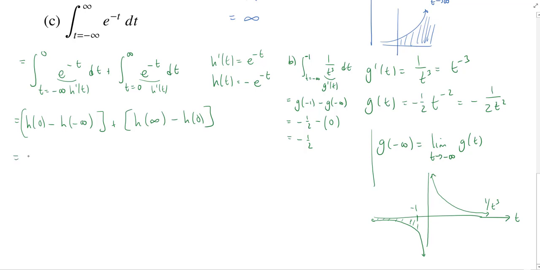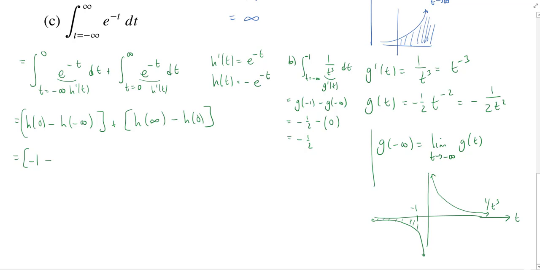All right, let's compare what's going on. So in the first one, we have h of 0, which is going to be -e to the 0. So that's -1. Okay, minus, now we need to know what happens as t goes to -infinity. As t goes to -infinity, what happens to this -t?